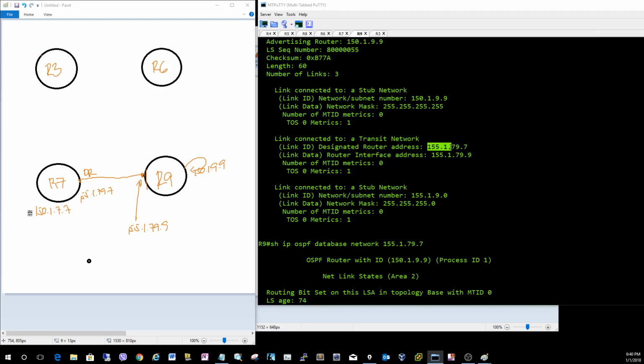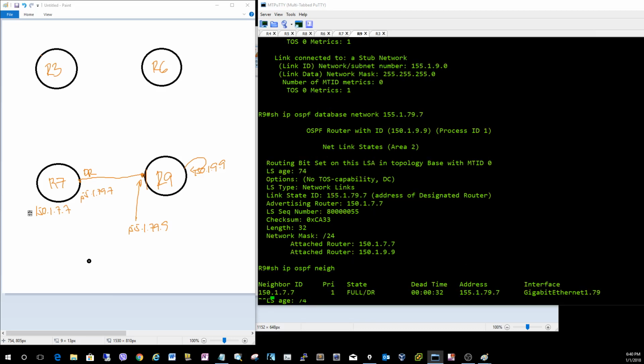This one right here is just telling you the IP address of the interface that's facing you, because remember, we are sitting on router 9. So on that particular segment, it's actually the designated router interface IP, not the router IP or the node IP.